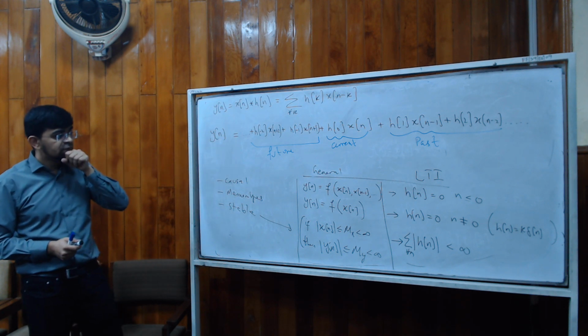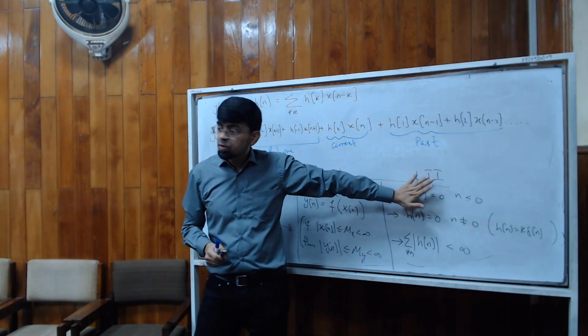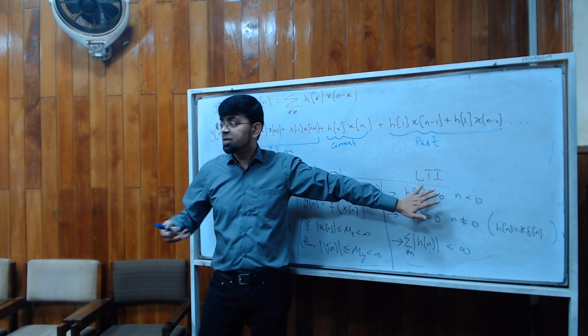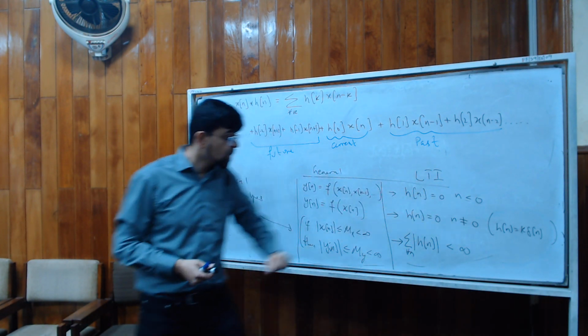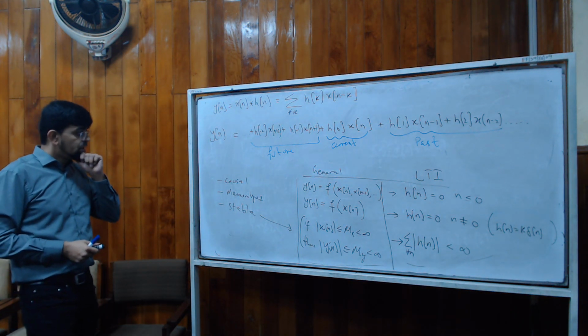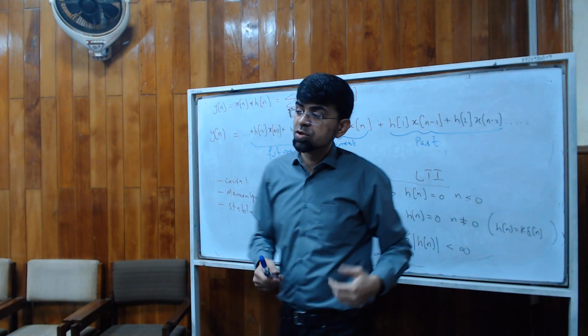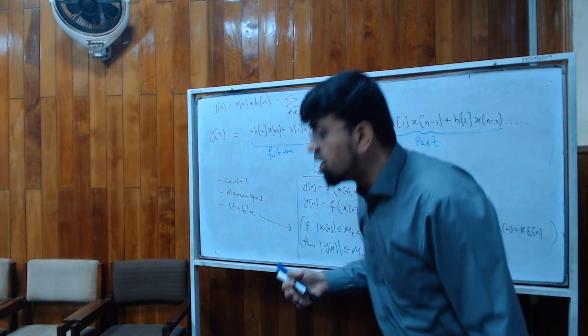But now notice, if we apply the general definition, remember, let's say we don't know this yet, we're trying to develop it and get to this point. For causality, which terms should disappear? That is what we have to see.